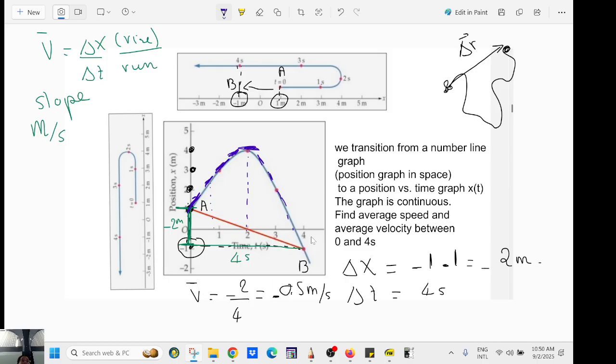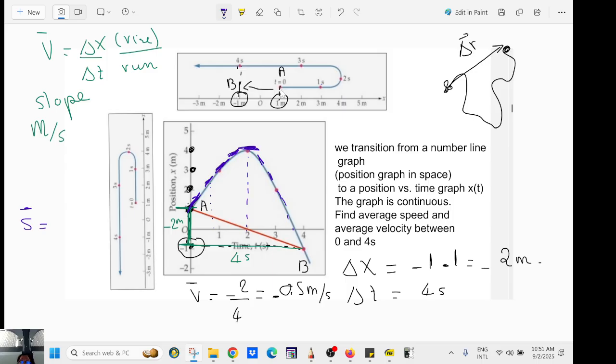Okay, is that clear? So average speed will be the total distance. So what's the total distance? 1, 2, 3. From here to there you have 4, and then 4 and 4 is 8. Is that 9? No, what's the total distance?